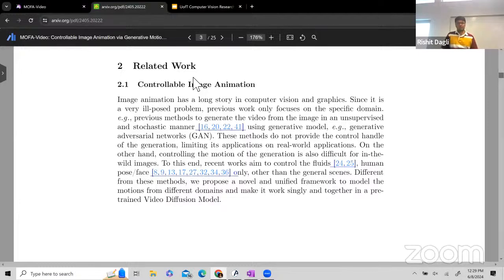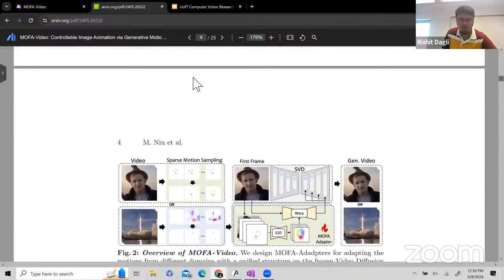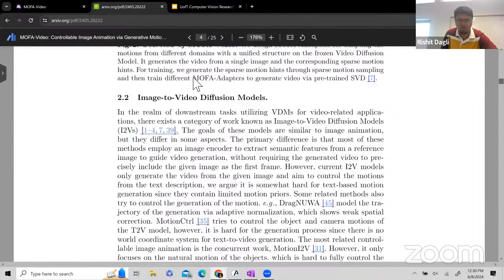In the DragNUWA architecture, we basically drag the image, and from the dragging motion, DragNUWA can generate a video. But the problem here is that there is not a proper correlation between the images across different frames. So the video appears a bit jittery and erratic.